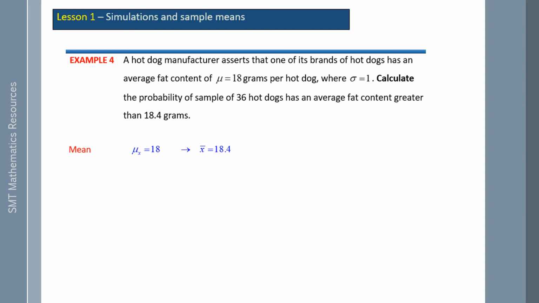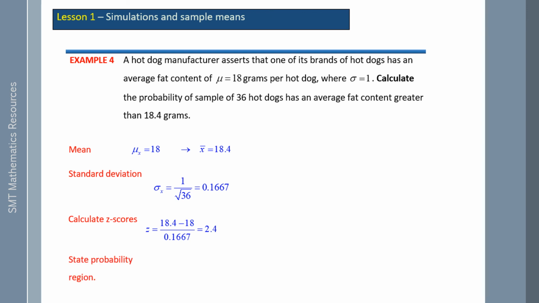We're looking at the probability that our sample mean is going to be greater than 18.4. So the standard deviation is needed as well before we can work out a Z score. The standard deviation of the sample mean is 1 over the square root of n, which is 0.1667 approximately. Calculate our Z score: 18.4, subtract our mean, divided by the standard deviation, is 2.4.